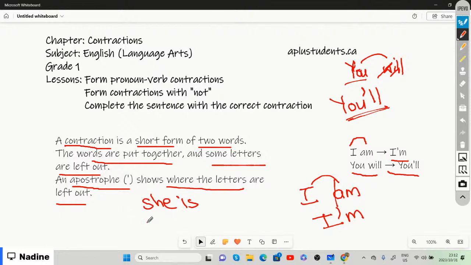So we bring down the word she, we remove the I, we bring down the S, and we put the apostrophe in the place of the I. So now it is she's. And we do the same with his.